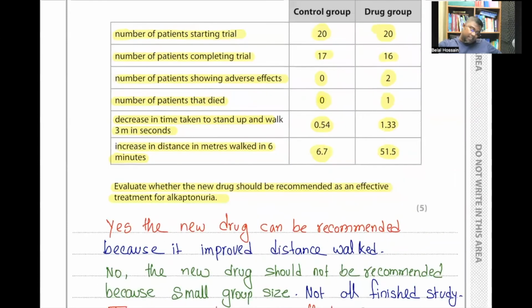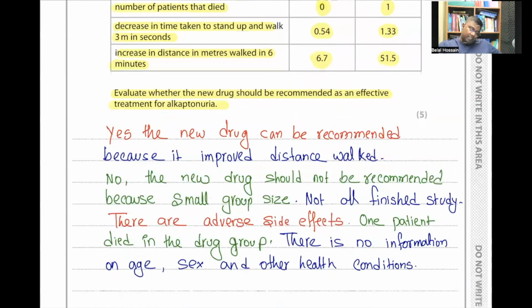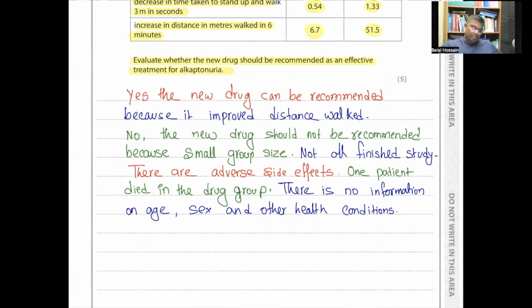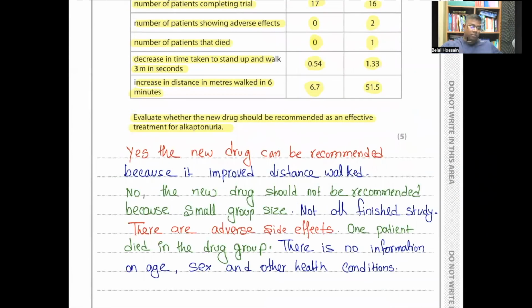We can see there are adverse side effects. One patient died in the drug group, whereas no patient died in the placebo group. There is no information on sex and other health conditions of the patients, so we cannot conclusively suggest that this is a good drug and can be used on another person.